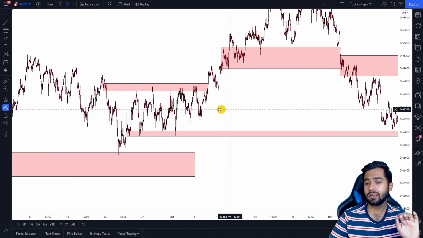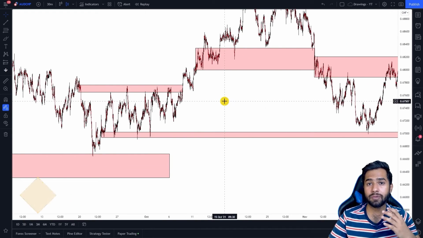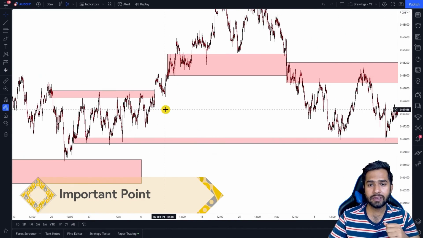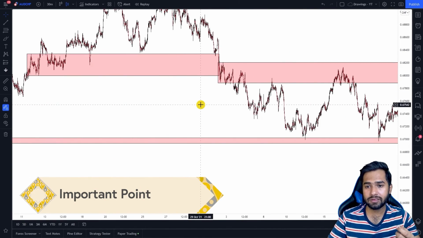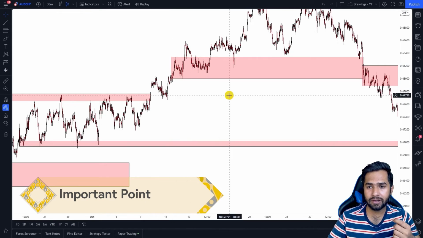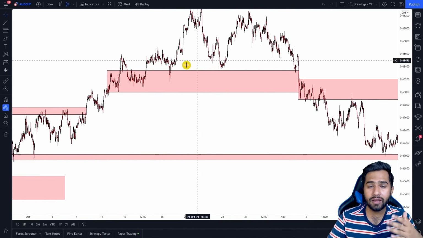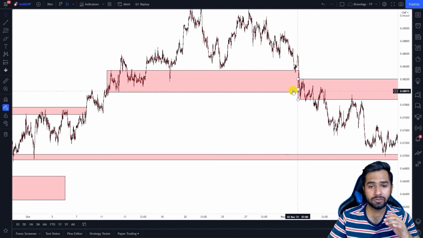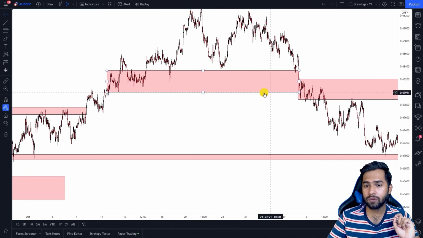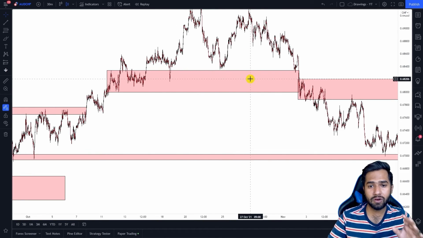Another thing that is important to note about the flag limit zones is that once the price breaks the flag limit zone, as we can see here, this zone formed here, and after that the market kept moving above this zone, but finally it broke this flag limit zone. After the market closes below the low of the flag limit zone in this case, then this flag limit zone will not be valid anymore.